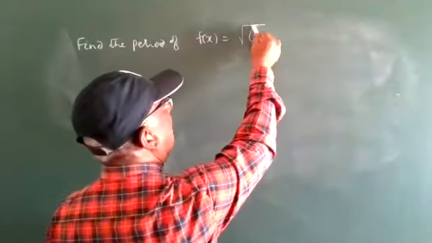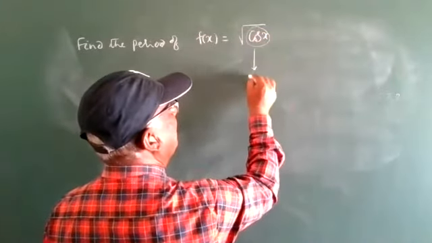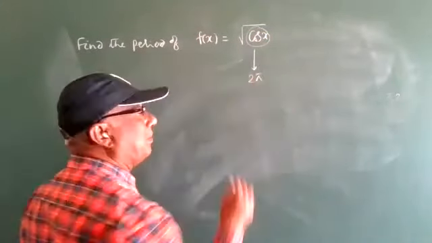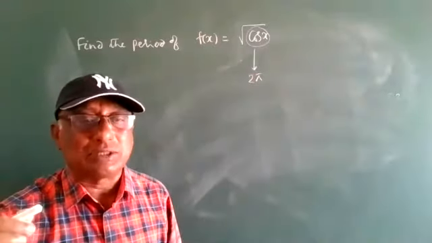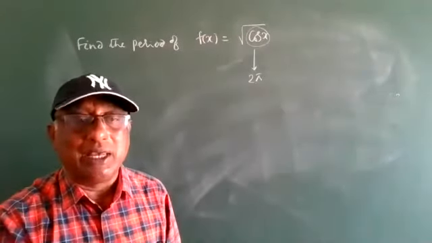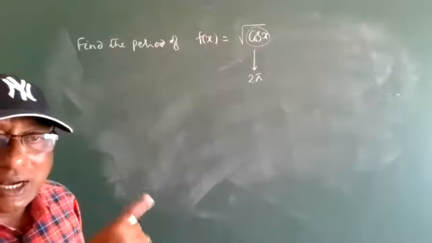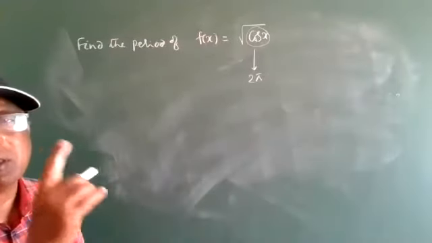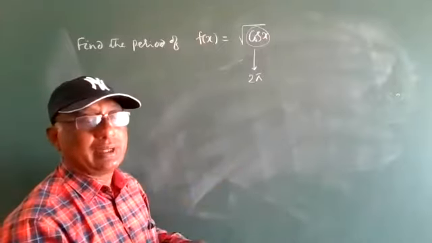Here f of x is cos x, and the period of cos x is 2 pi. So write down 2 pi, even though it is a root function. Okay.